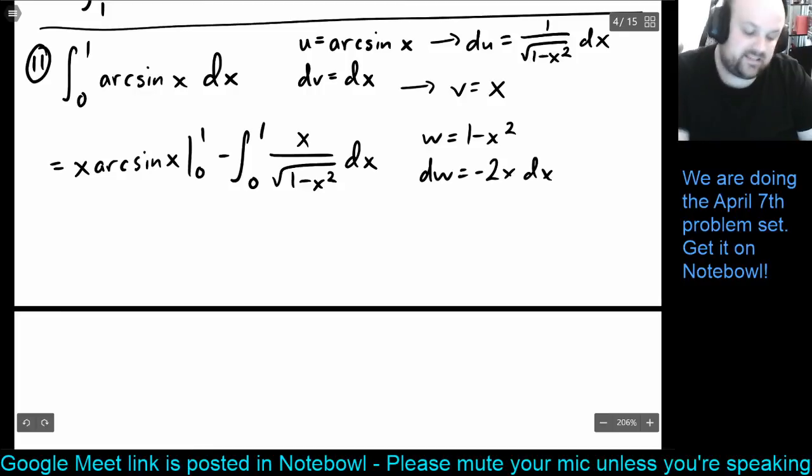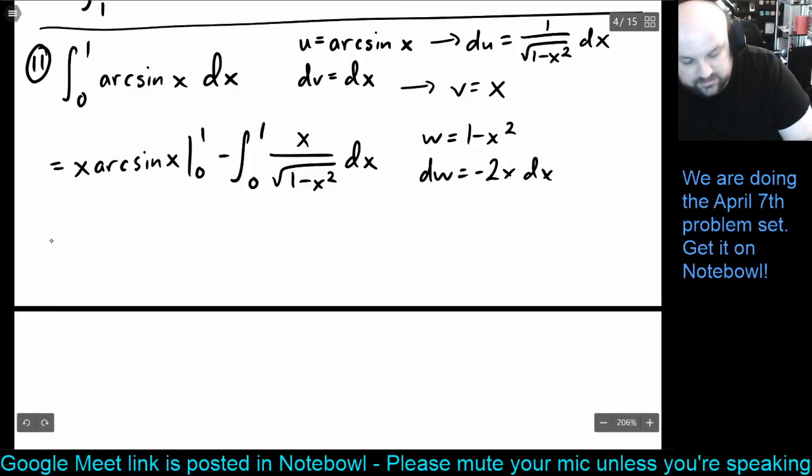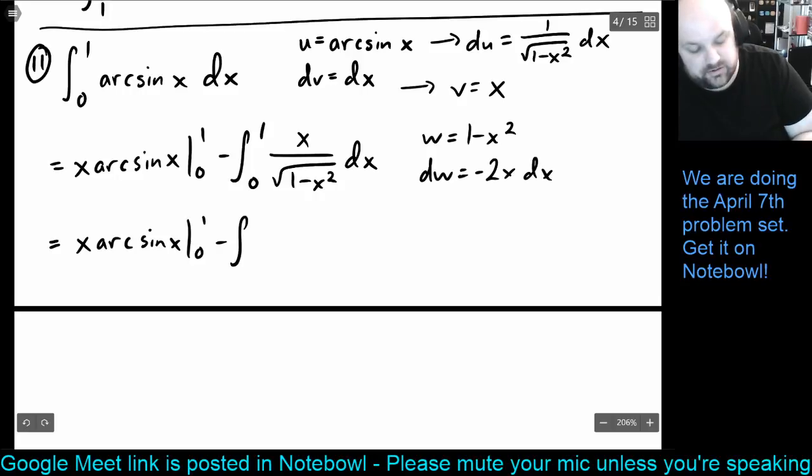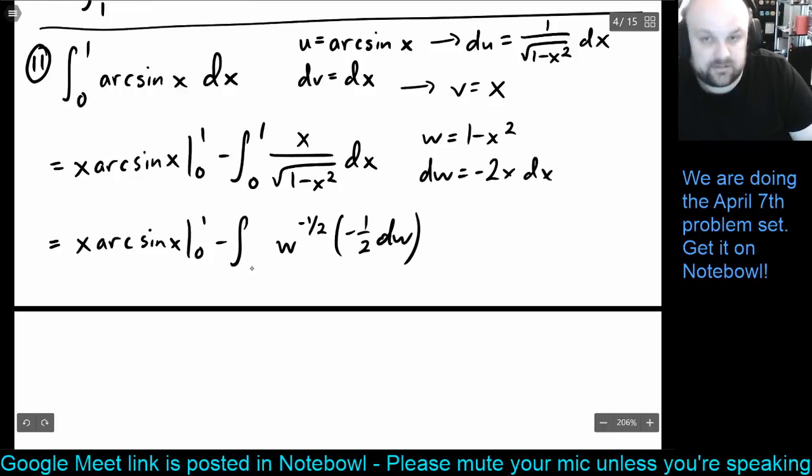Now, in this case, you know, let's write this real quick here, 0 to 1. These bounds are going to change, right? So here we're going to have, this is going to end up being w to the minus 1/2, minus 1/2 dw. The bounds here are different, right?